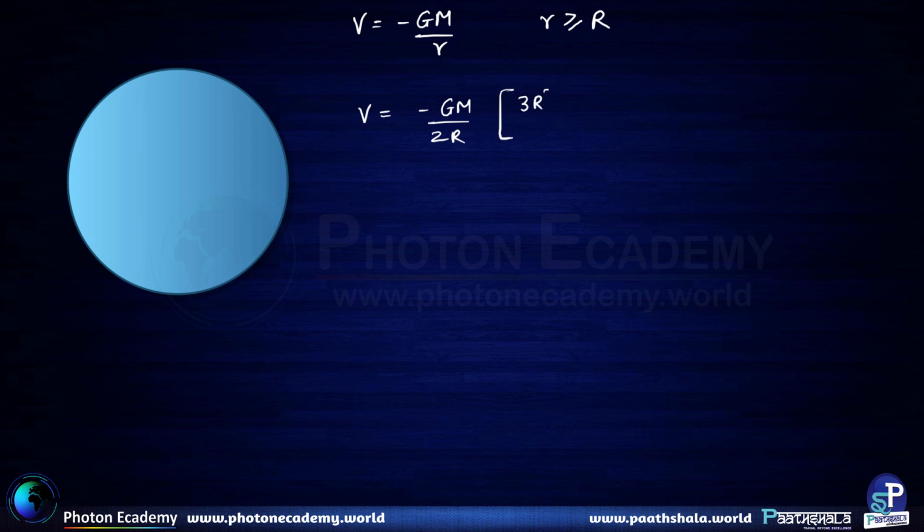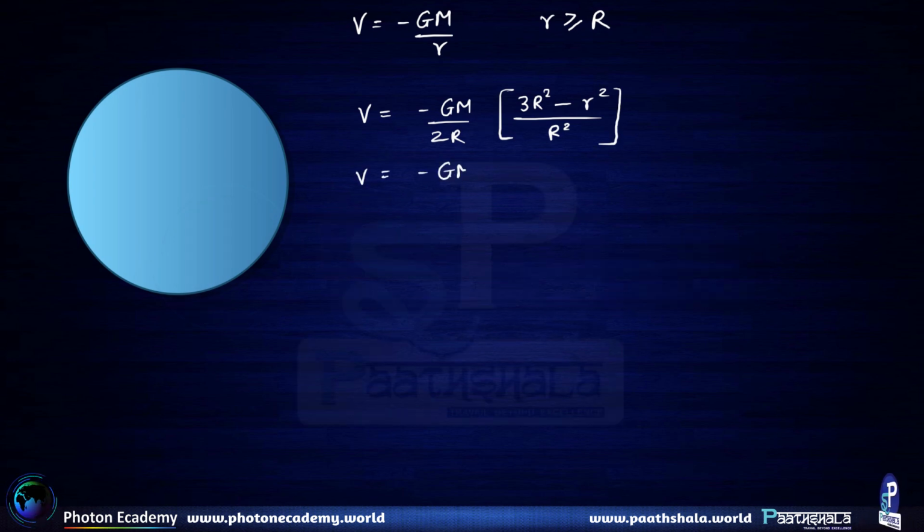V is equal to minus Gm upon 2 capital R cube, into bracket 3 capital R square minus R square. This is the exact expression.